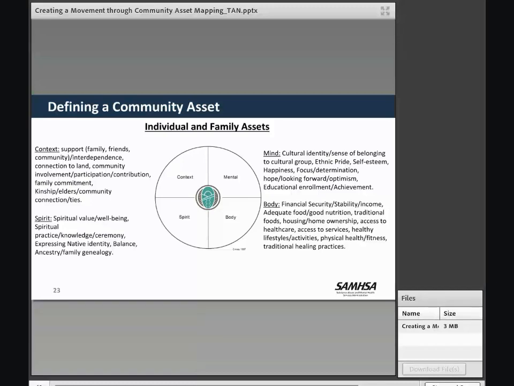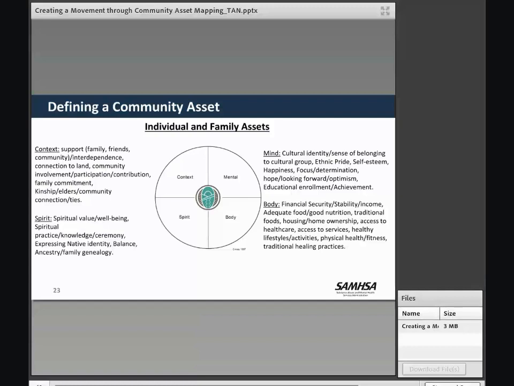In the mental quadrant, you have cultural identity. This is where sense of belonging to your cultural group is, ethnic pride, self-esteem, happiness, determination. In the body quadrant, this is financial security, stability, income, adequate food, good nutrition, traditional foods, and housing.